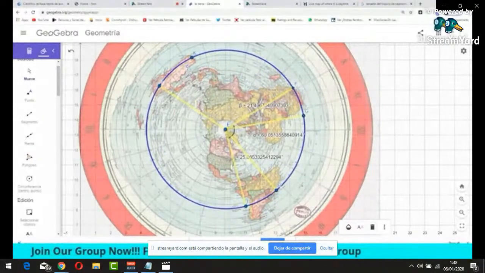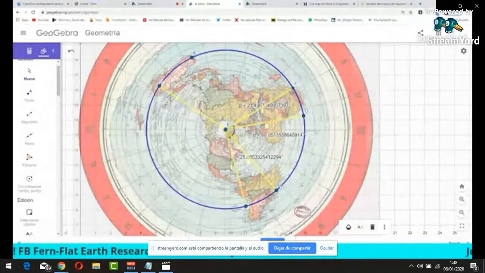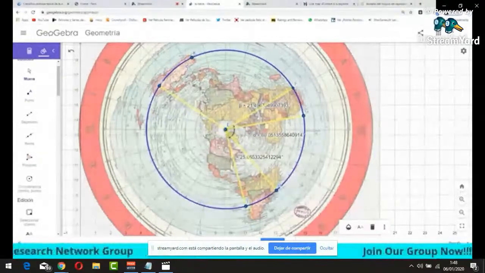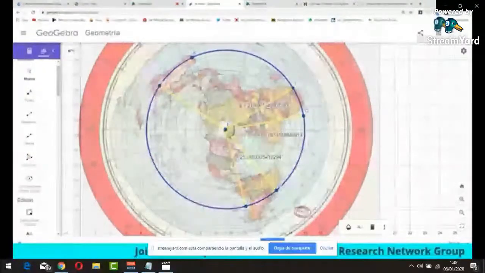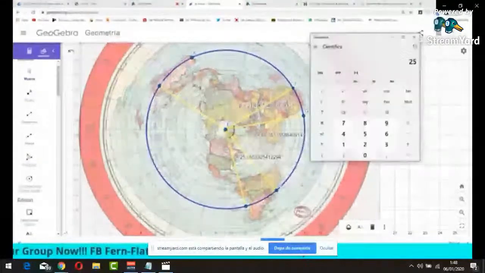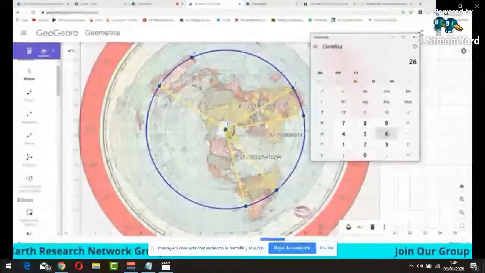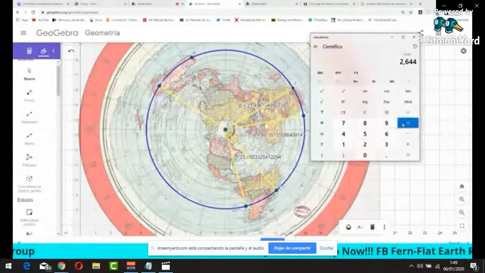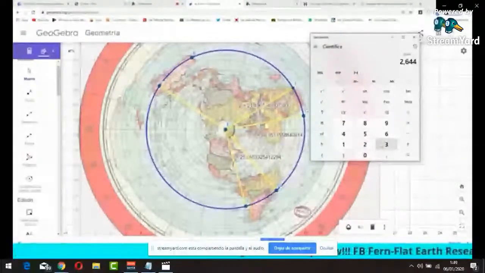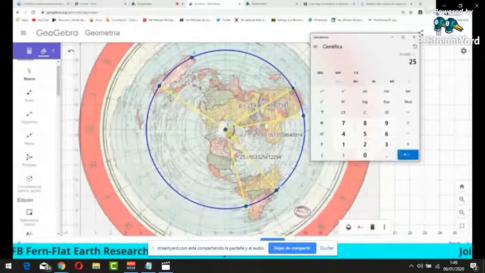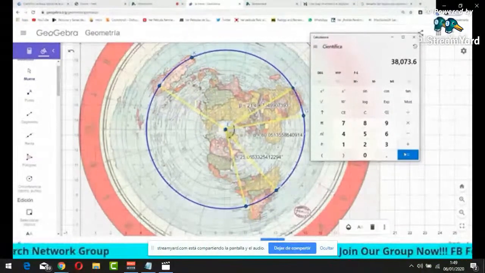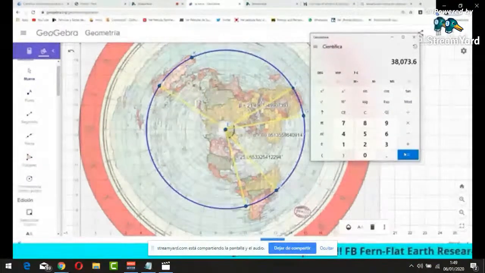So 25 degrees to 360 is the same as 2644 to x. So 2644 for 360, 25 degrees, 38,000 kilometers.